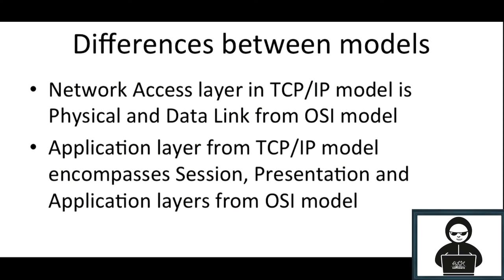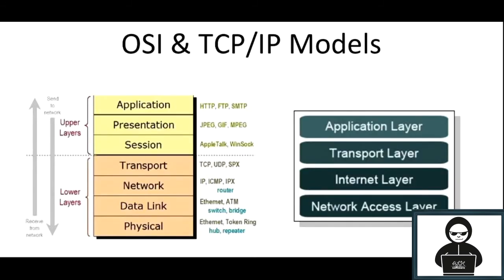Similarly, the application layer from the TCP/IP model encompasses the session, presentation, and application layers from the OSI model. So on the right, the very top box, the application layer, encompasses the session, presentation, and application layers on the left-hand side.